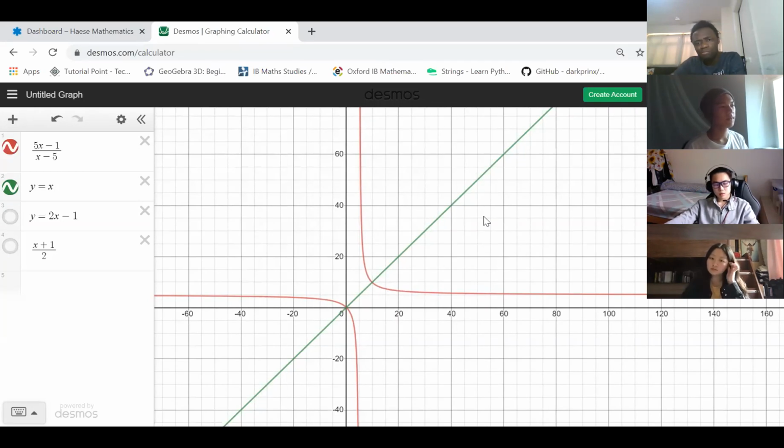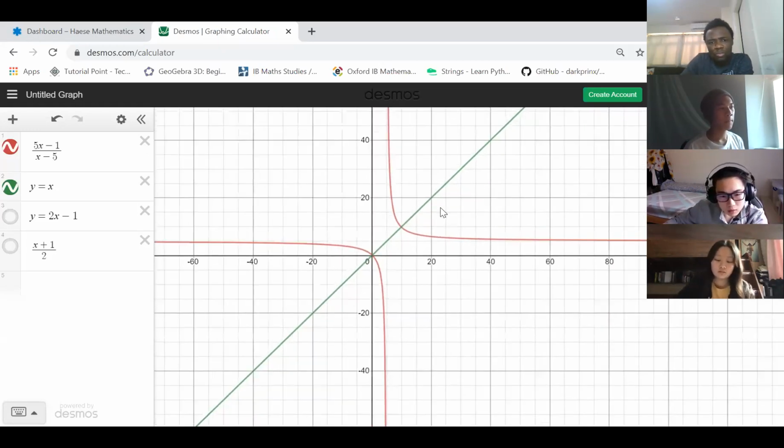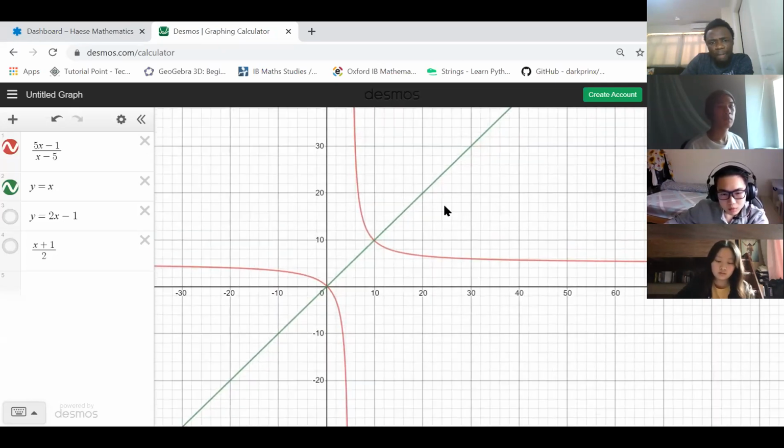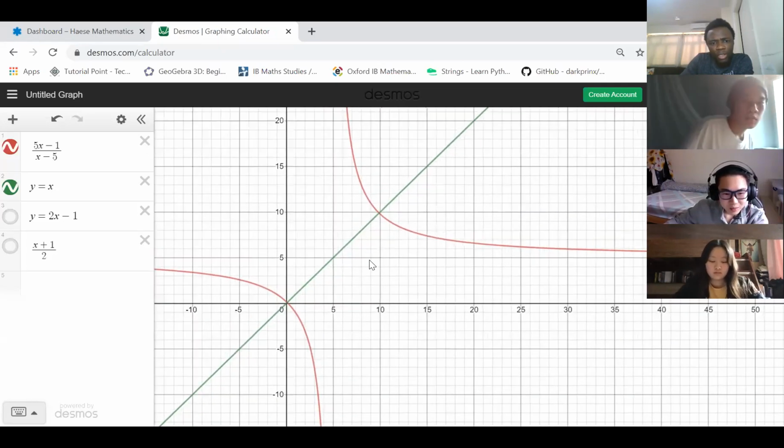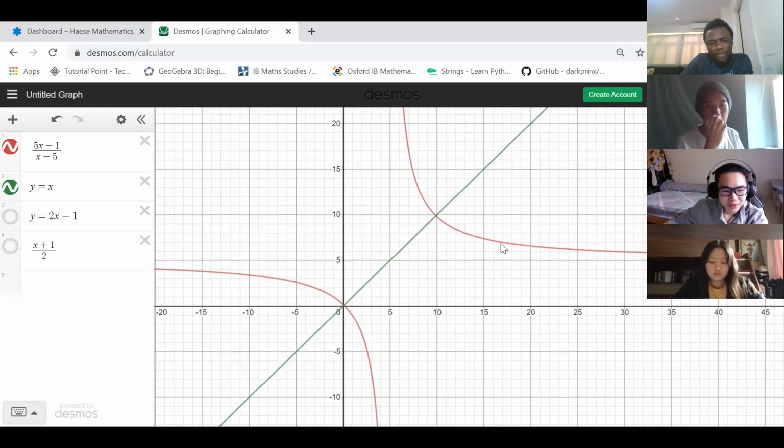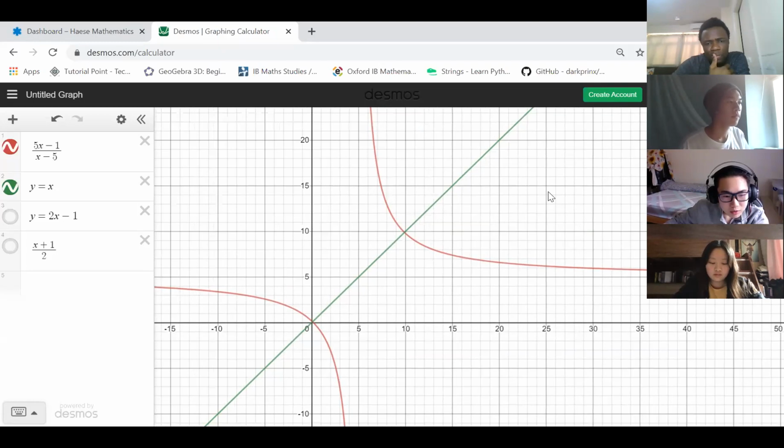So the negative 2.5 equals to 2.5. Like if x equals 2.5, the y is 2.5.